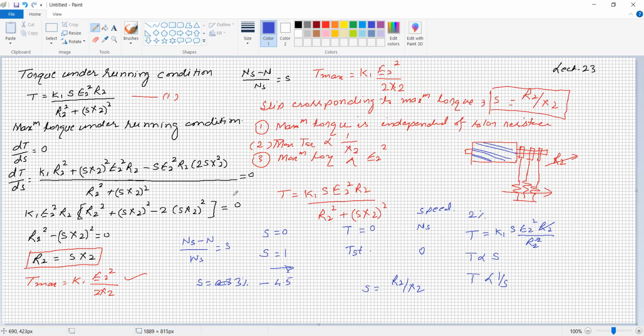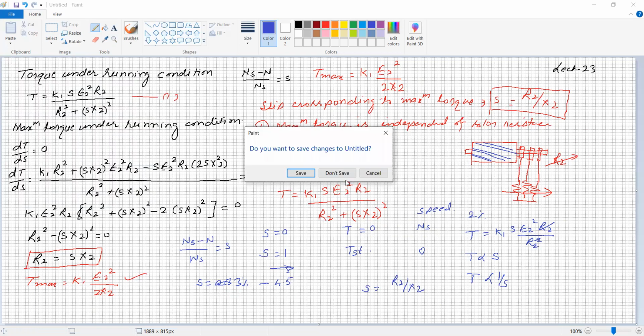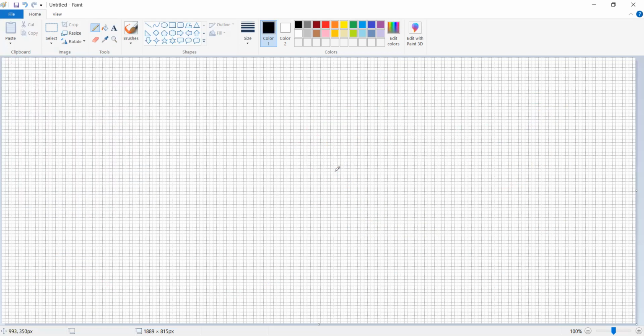So now we'll try to develop this torque slip characteristic.